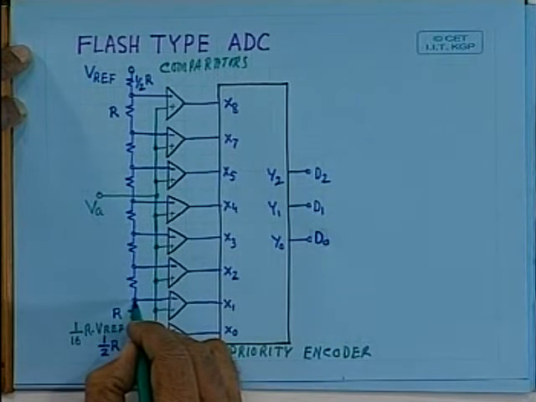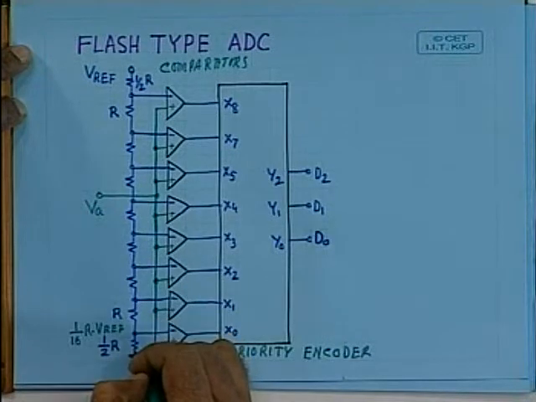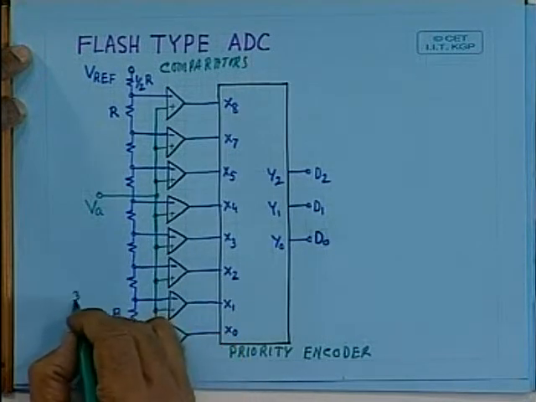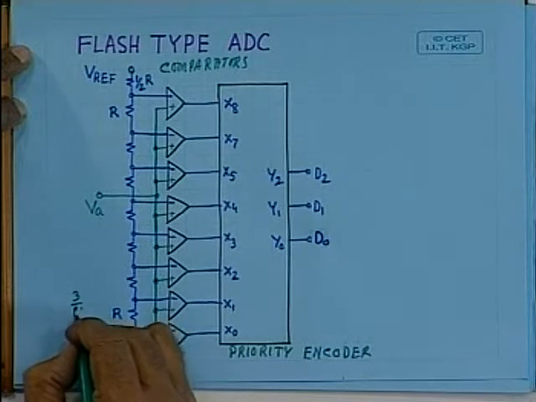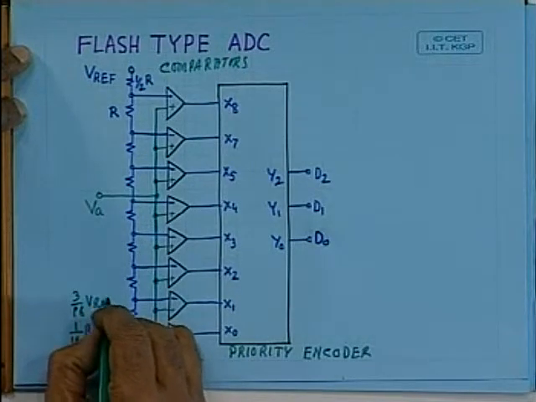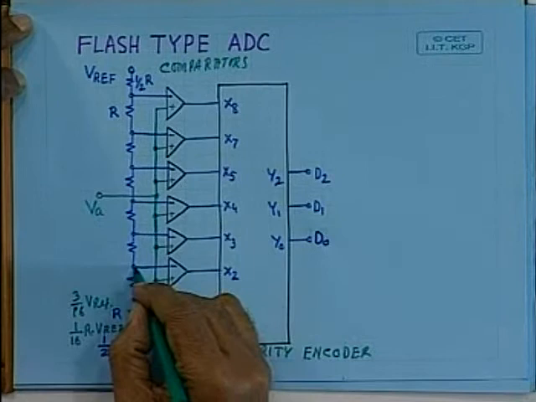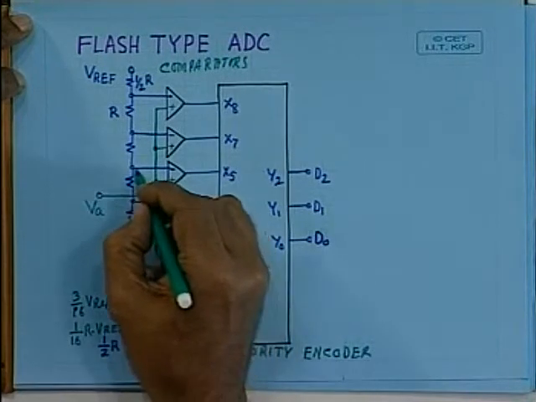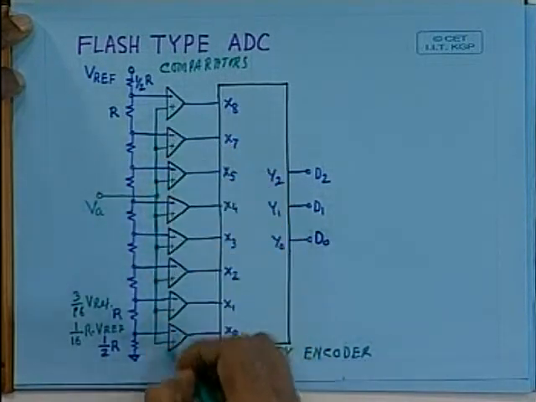And here what will be the voltage? Here the voltage will be 3 by 16 Vref, and so on. So in this way, these are the different voltages which are connected to the negative input of the comparators.